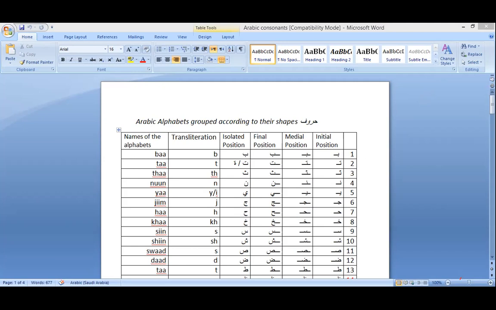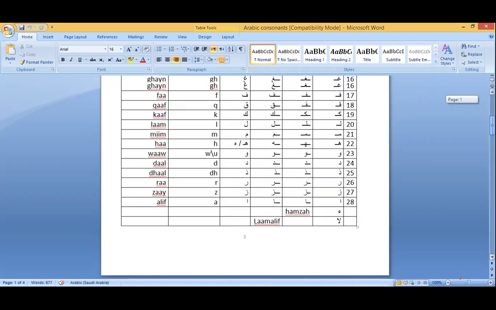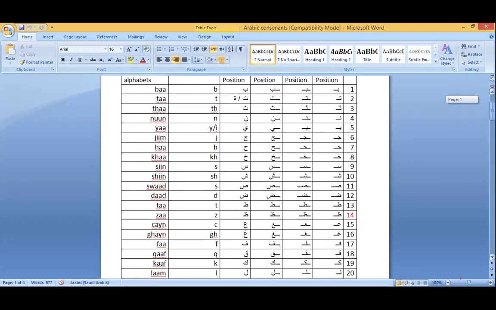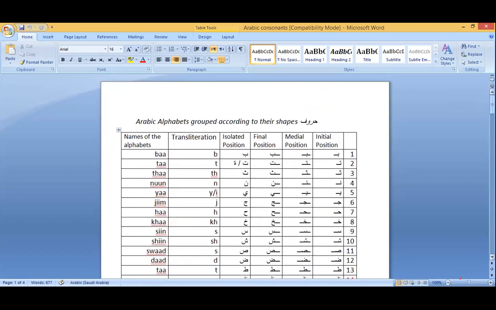Before we move to the next, I want everybody to try and write his or her name in Arabic. You can do that because we know all the letters.